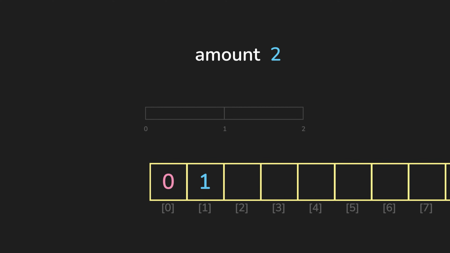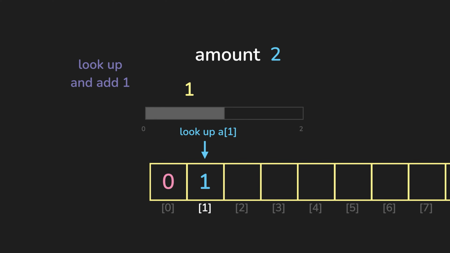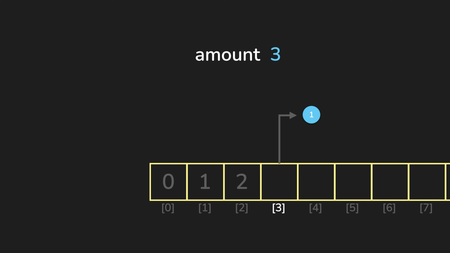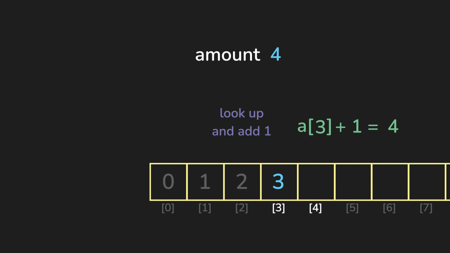Currently, the amount is 2, and the last one that was chosen was a 1 cent coin, which means we need to fill in 1 more cent. So we look up A of 1 to check the minimum coins for the amount 1, which is 1, and add 1 to 1 and write that down at index 2. The reason we add 1 is because we are adding the last coin at this round. And this is going to repeat until we reach index 15 because we can only pick the 1 cent coin until then.